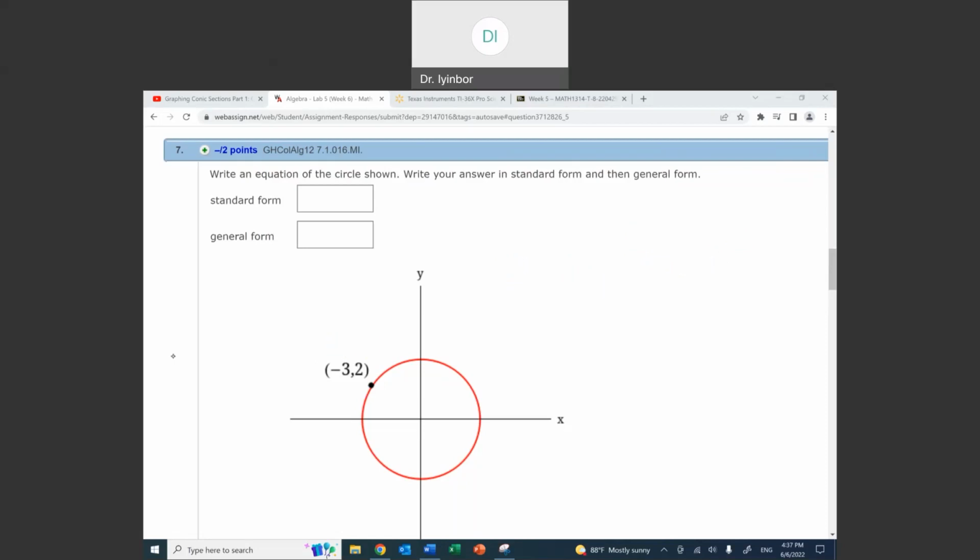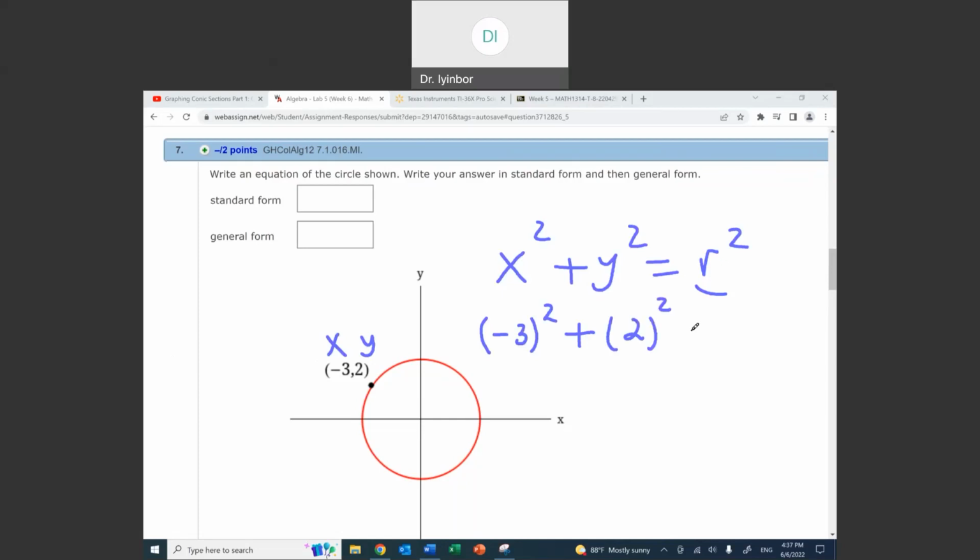So plug it in. Make sure you put parentheses around the negative 3, especially negative 3 squared, plus, put parentheses again, 2 squared. And that's going to be the radius squared. And when you put this in the calculator, or just simplify it, 9 plus 4 is 13. So the radius squared is 13.